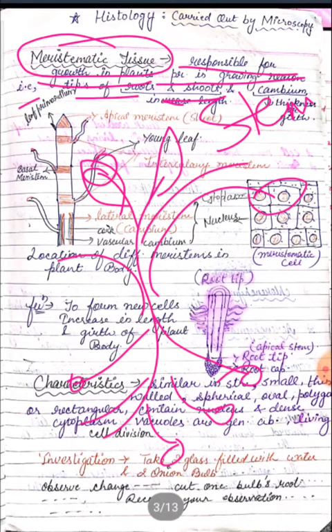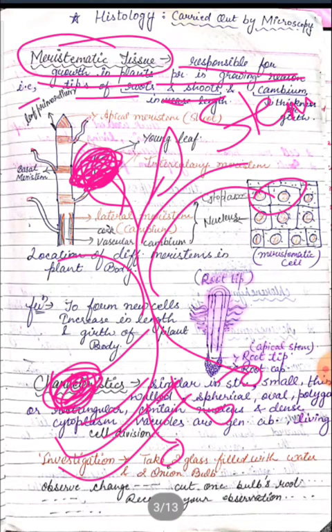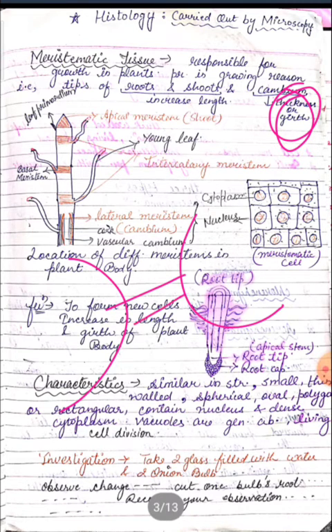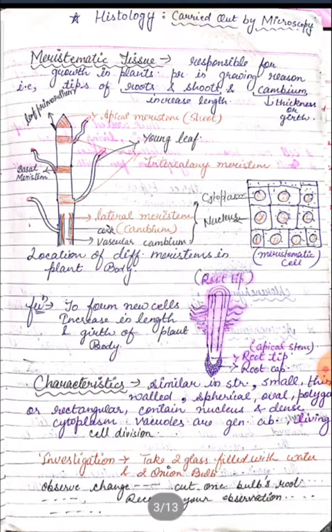So meristematic tissues are present on the tip of the root and shoot. They are also present in the cambium, that is the thickness or girth of this part, the stem, right?